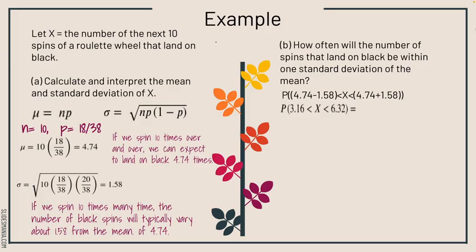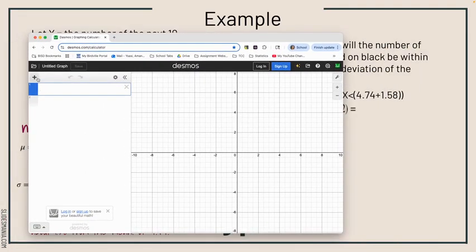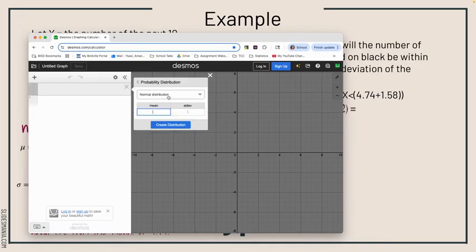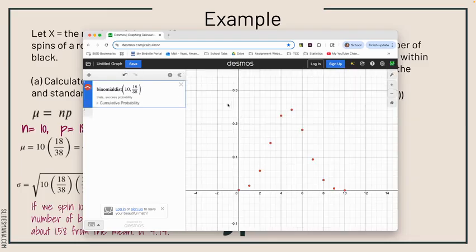So if we do Desmos over this, go to inference, probability distribution, binomial. How many trials are we doing? I think it's the same, isn't it? It's 10. And then success is 18 out of 38, which is black. Create.